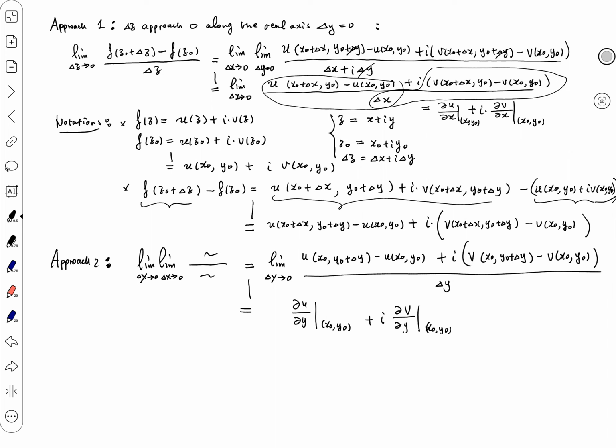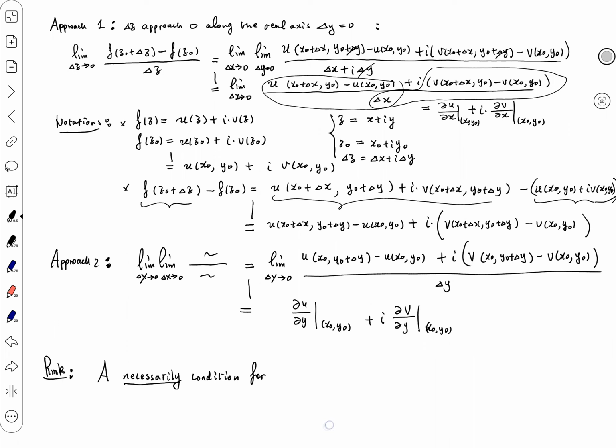And so what can we see now? A necessary condition, not sufficient yet.